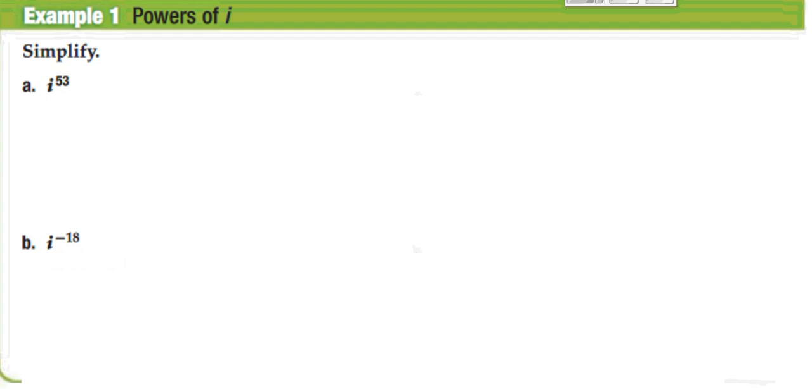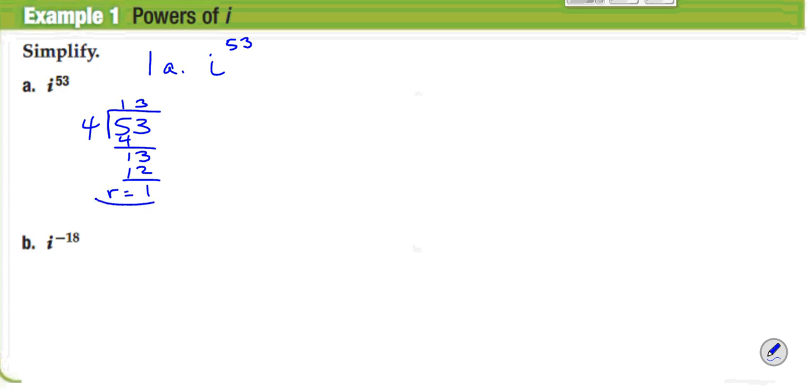And so I'll go over my method of doing these. So this is 1A, and it's i to the 53rd. Really, I'm just going to take 53 and divide it by 4 because I know there are those 4 repetitions. And this goes in there once. This goes in there 3, and that's 12. So my remainder is 1. That's what tells me what that is.